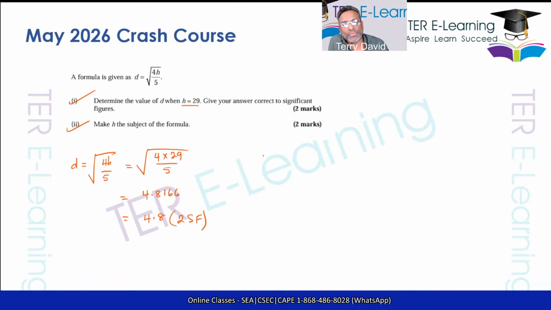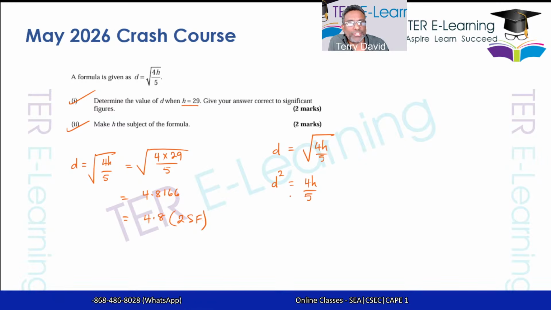For part 2, you want to make H the subject of the formula. So we have D is equal to the square root of 4H over 5. What you can do, if you want to get rid of a square root, is square both sides. So D squared is equal to 4H over 5. In this case, you want to make H the subject of the formula.